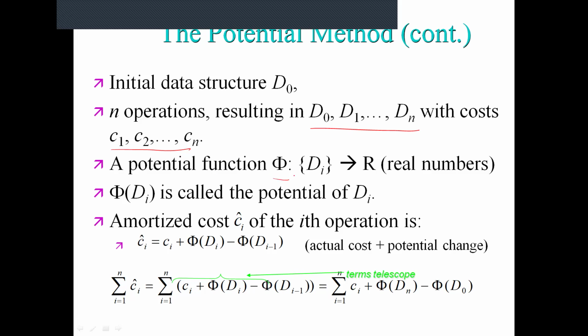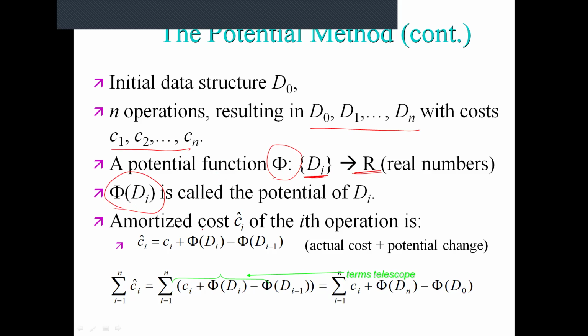A potential function, denoted by phi, for any state of the data structure Di, maps to some real number. The potential of Di is denoted by the symbol phi of Di.